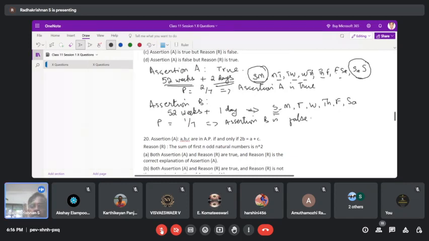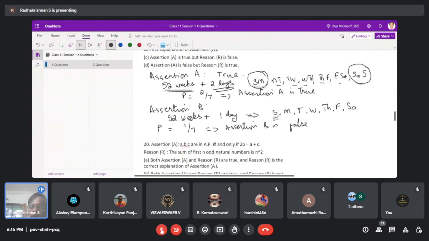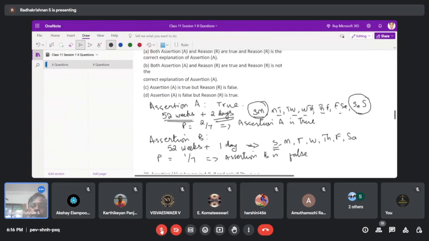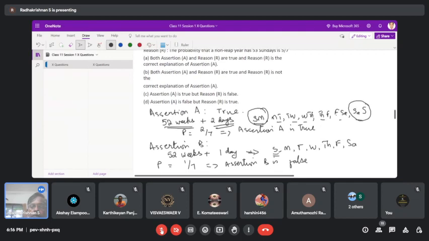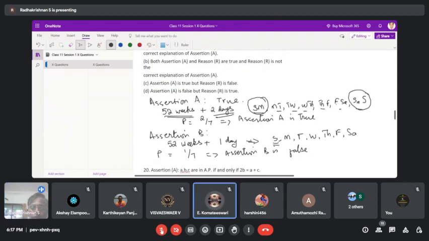So now we have to take which is having assertion A true, but reason R, assertion B, is false. So both are true, that is not the case. Option B, both are true, that is also not the case. Option C: assertion is true, but reason R is false.